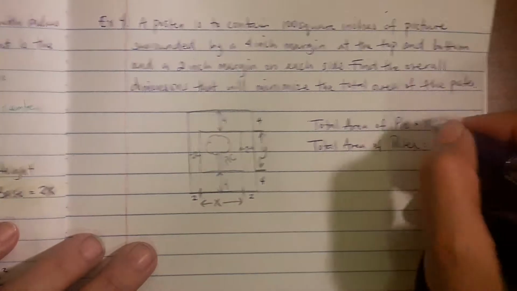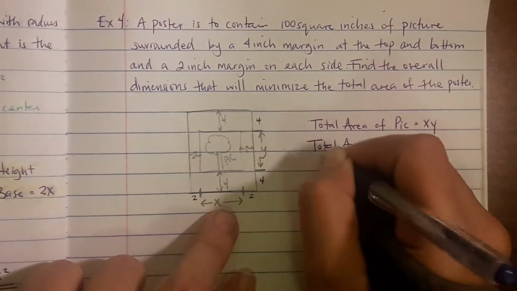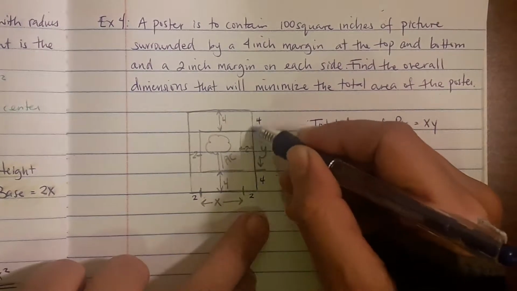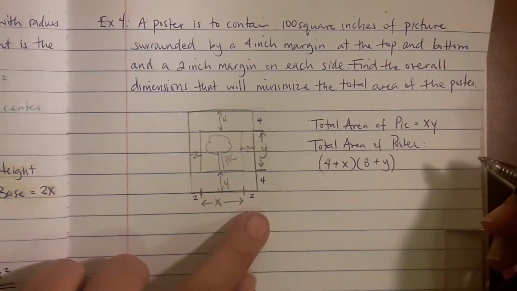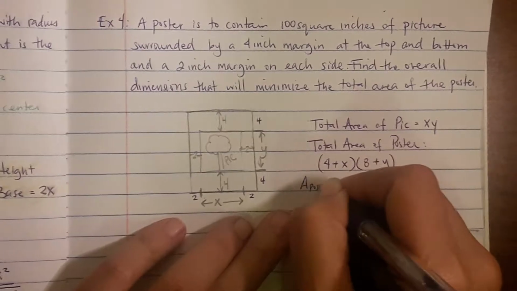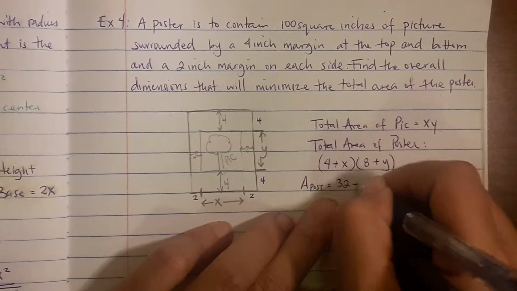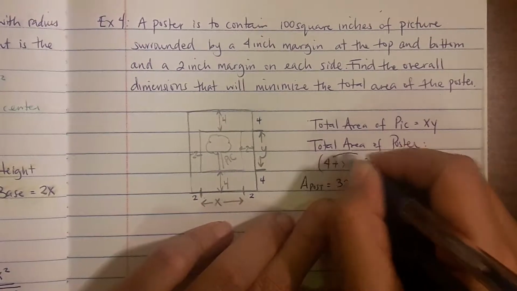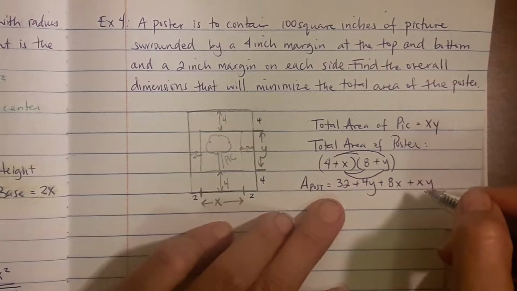So that's going to be 4 plus X times, and then on the Y one, 4 plus 4 is 8, plus the Y, so 8 plus Y. Go ahead and distribute, okay, in the house. You're going to get 4 times 8 is 32, 4 times Y is 4Y, X times 8 is 8X, and X times Y is XY.